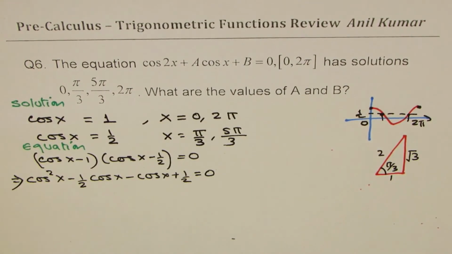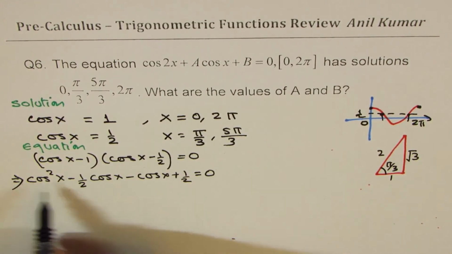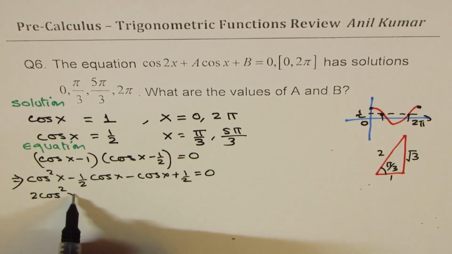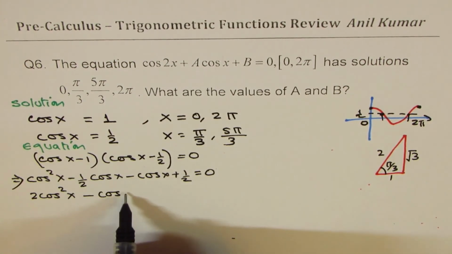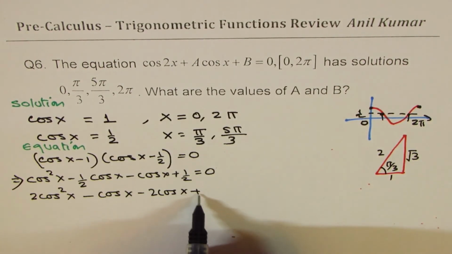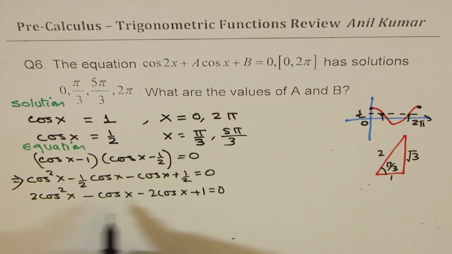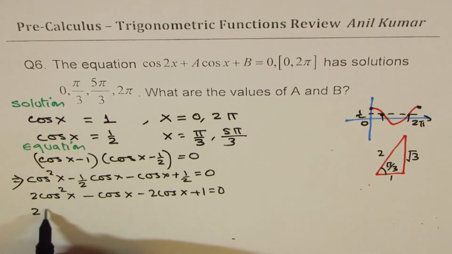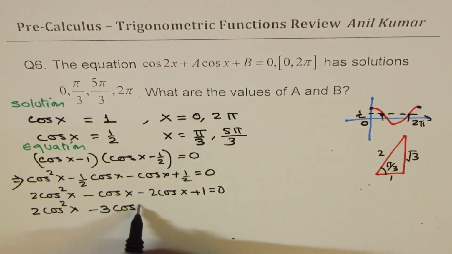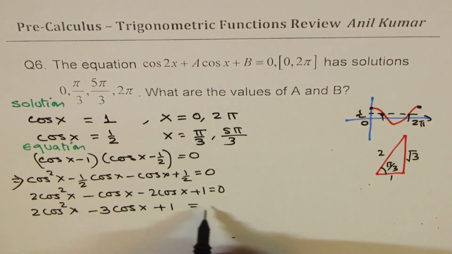That becomes the equation. Let's multiply everything by 2, right? So we get 2 cos square x minus cos x minus 2 cos x plus 1 equals to 0. So that gives you 2 cos square x minus 3 cos x plus 1 equals to 0.